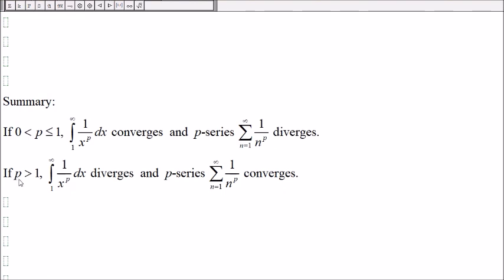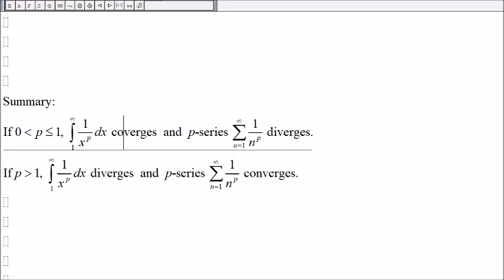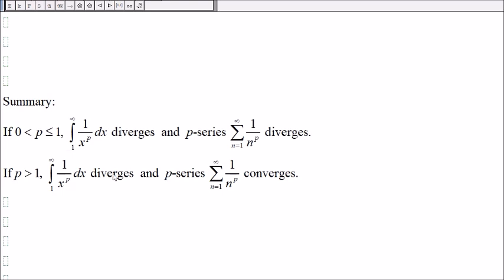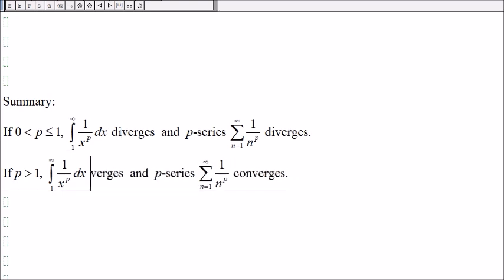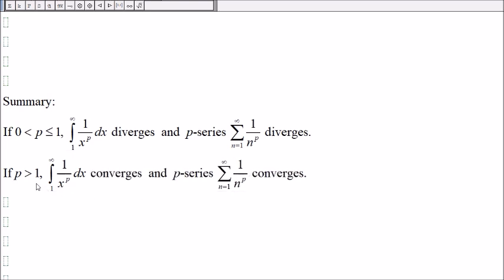And if p is greater than 1, then the p-series converges. So if p is between 0 and 1, then the p-series diverges. If p is greater than 1, then the p-series converges.